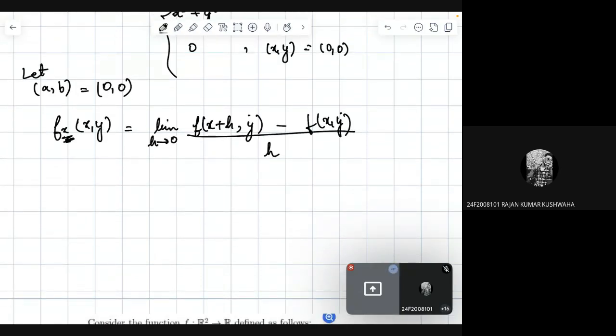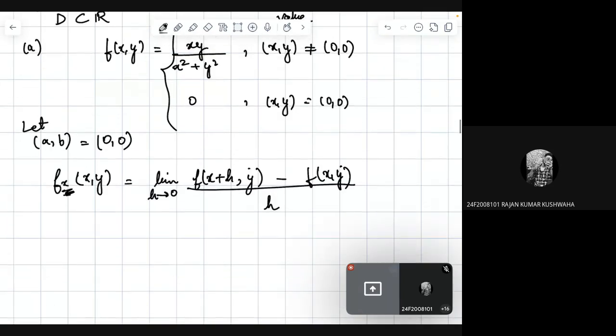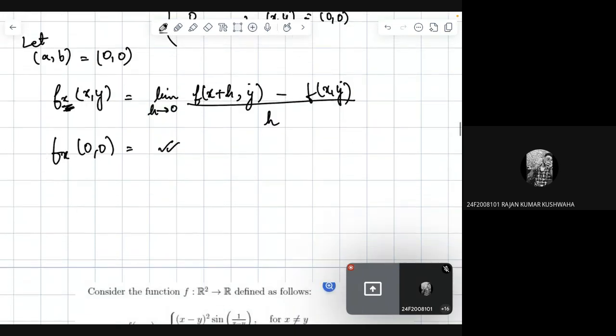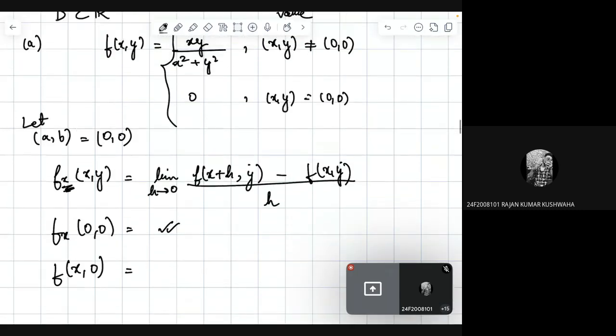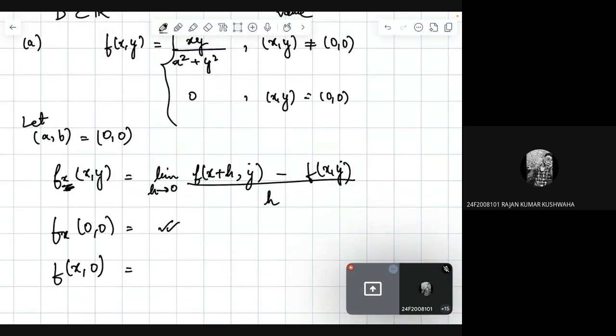If we take f_x at (0,0) of the particular function in the example, we are going to calculate this. Before that, see f(x,0). If I put the value of y as 0 in f(x,y), then I have 0 divided by x square, which is 0.